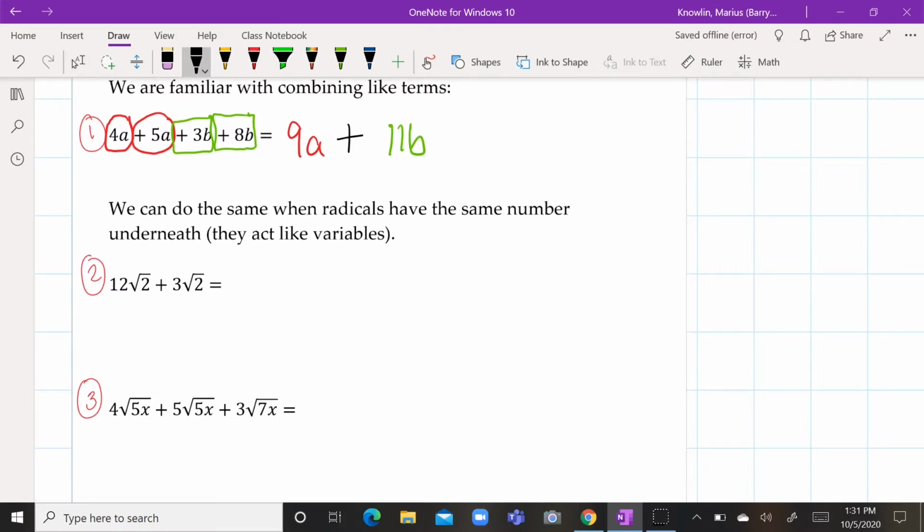Now let's take a look at how this is similar to when you're adding radicals. So we're allowed to regroup, and we're going to rewrite this using the distributive property. Since both of them have a 2 underneath the radical, we can factor that out since they both have that in common. Square root of 2, and then we put in parentheses the 12 plus 3.